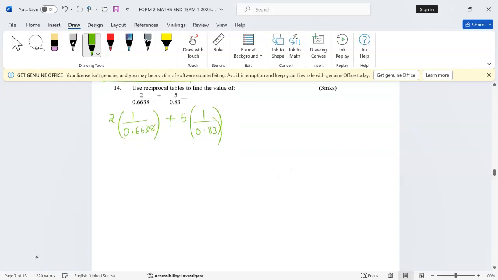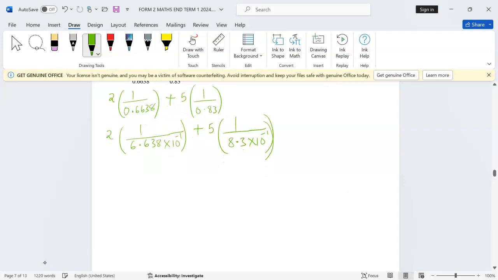So now in the next step, I have to write my numbers in standard form such that I have 1 out of 6.638 multiplied by 10 power negative 1. Then I add 5 into 1 out of 8.3 times 10 power negative 1.